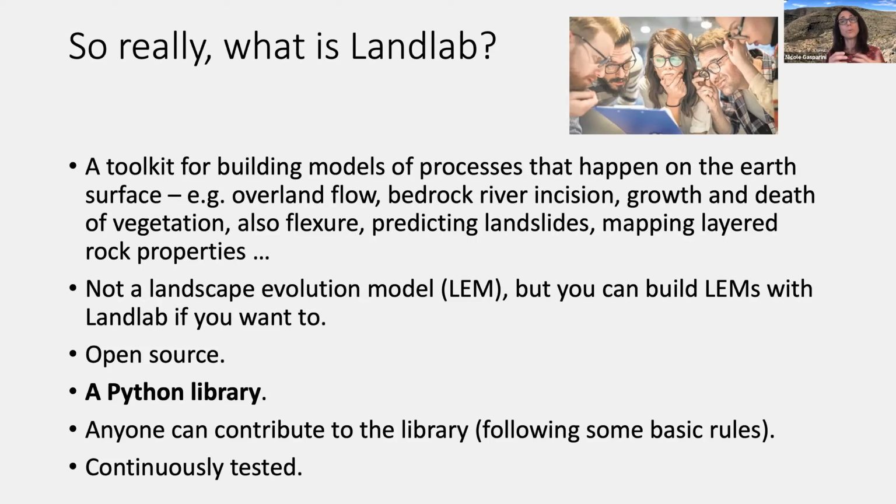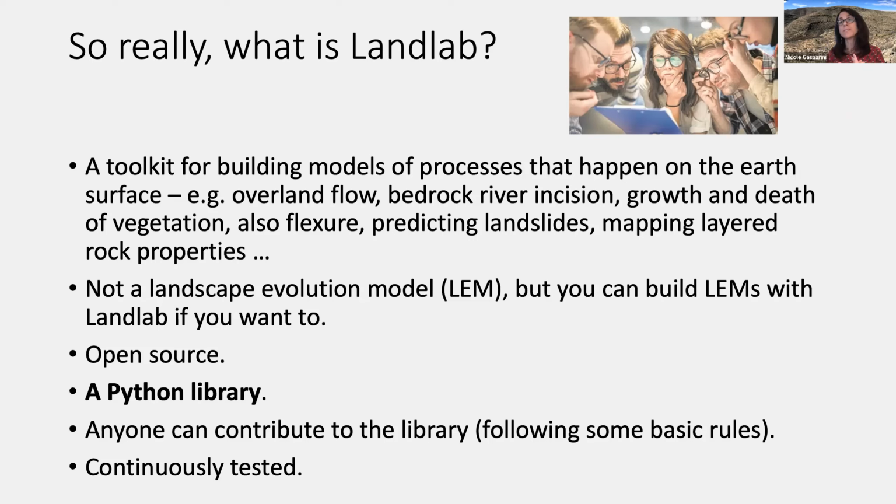And it's a toolkit primarily for building models of processes that happen at the Earth's surface, okay? So primarily you'd be acting on a grid of topography and seeing how that topography changes in time. But Landlab has lots of different what we call components that are part of Landlab, and these are different processes happening.